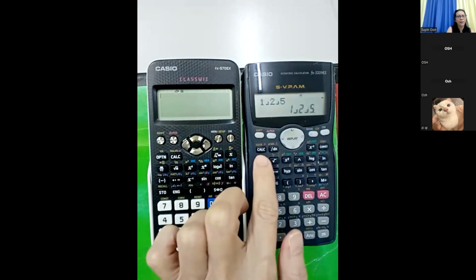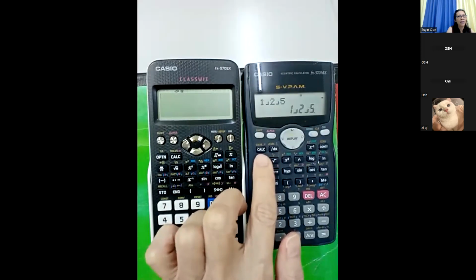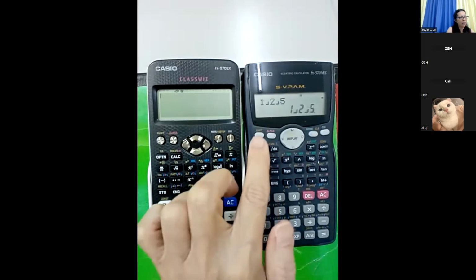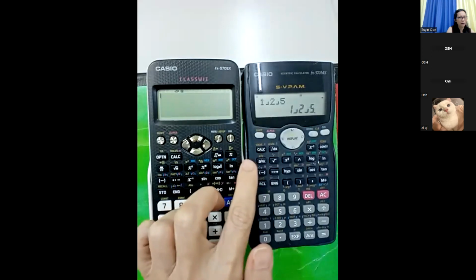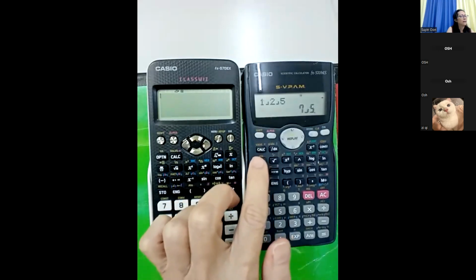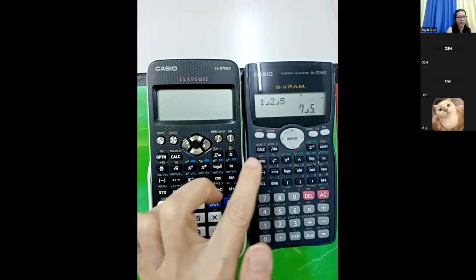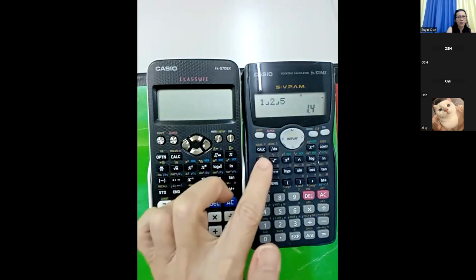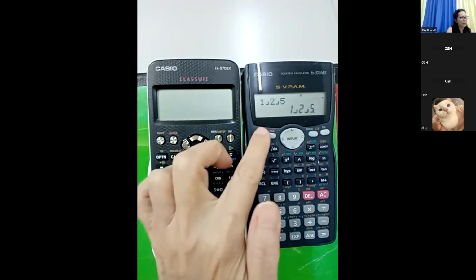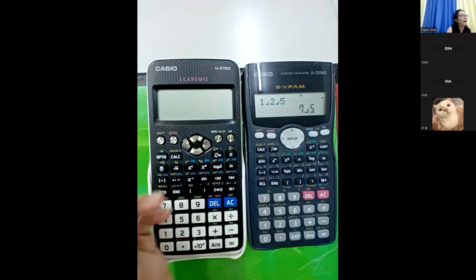Then you press back. If you want to make it an improper fraction, use these two buttons. See, 1.4, 1 and 2 per 5, shift this, there.